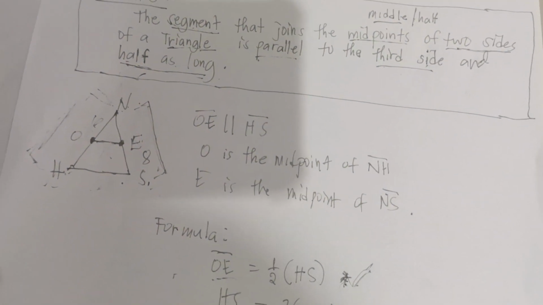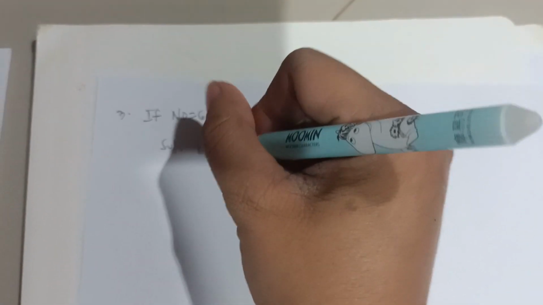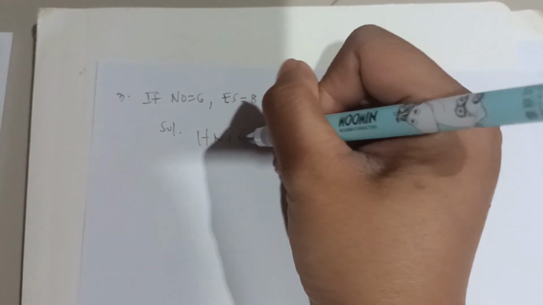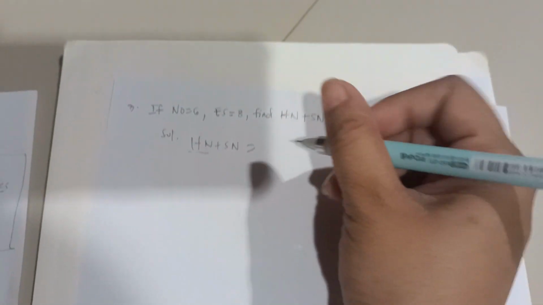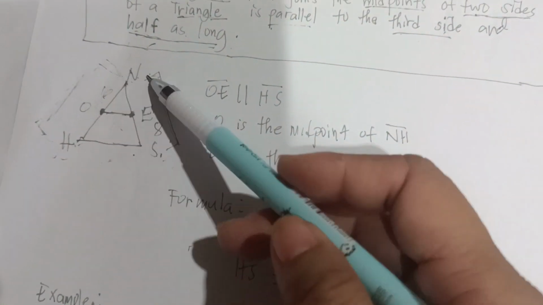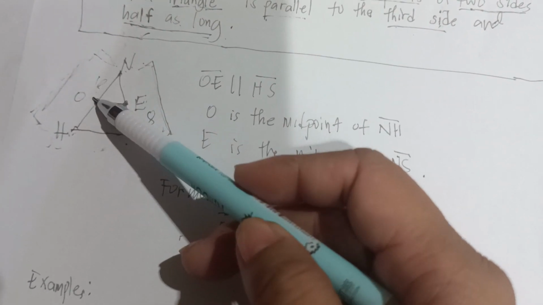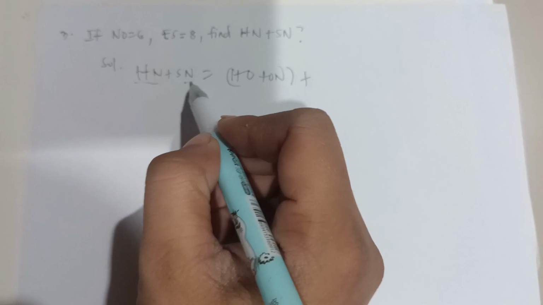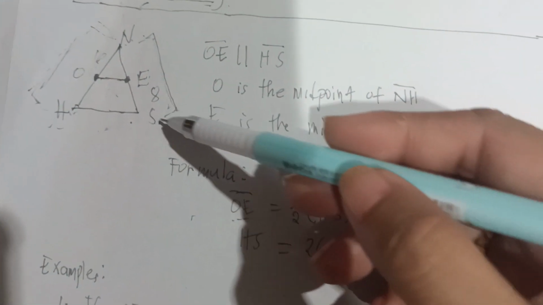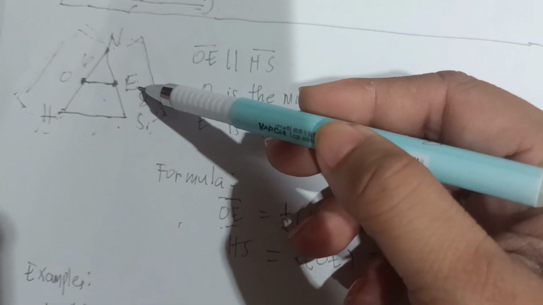Okay? So, to answer this one, let us find HN plus SN. HN would be HO plus ON, and our SN would be SE plus EN.